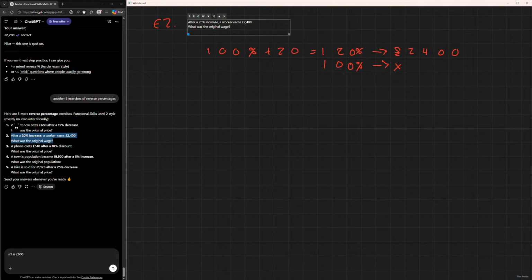I think this one for sure is 1.20. If in the other one I do the subtraction, for example, we had 0.85 and we divide the number, and here we also divide the 2400 by 1.2 to get our 100%.